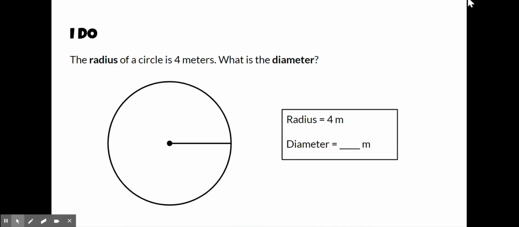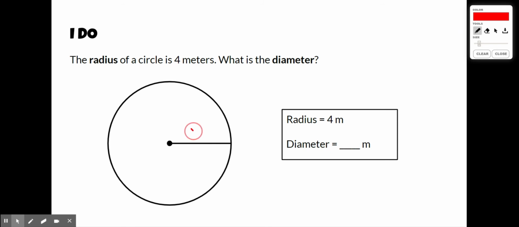So why do we need to know these parts of the circle? Well, in order to do anything with a circle, the radius and the diameter are really important. So we're going to talk about how we can use those two things to figure out different measurements. Take a look at this circle. The question says the radius of the circle is 4 meters. What is the diameter?